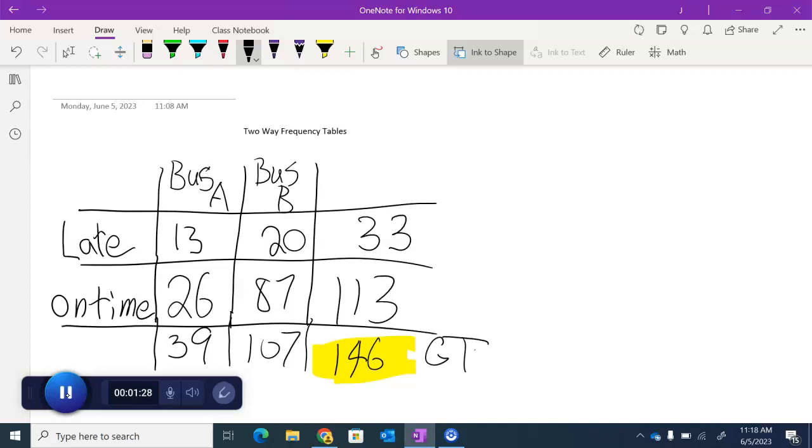So, first thing we need to figure out is the joint relative frequency.